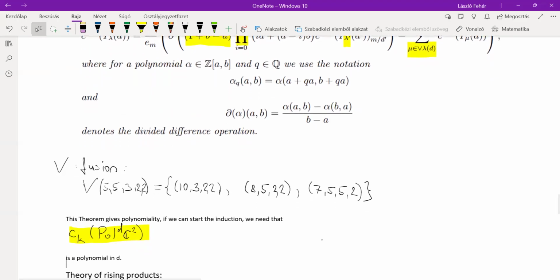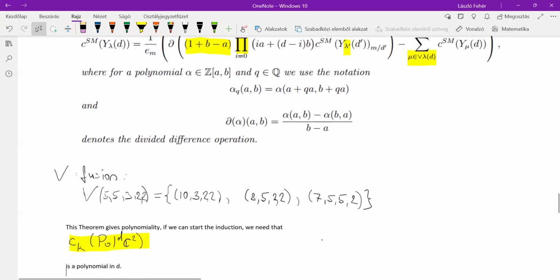So maybe just to compare, there is another problem when you replace D and 2.